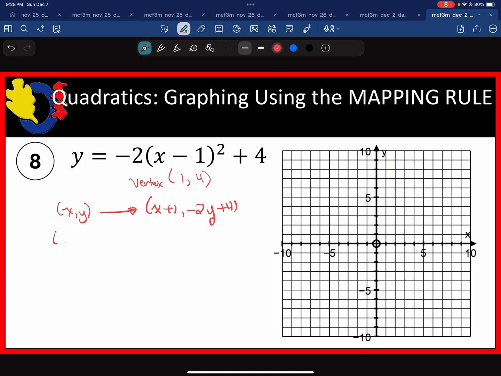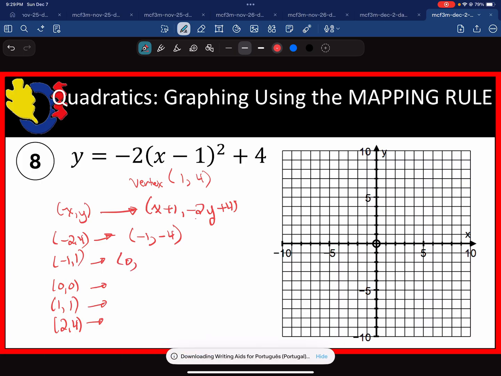Okay, so our points again, -2, 4, -1, 1, 0, 0, 1, 1, 2, 4. Okay, so we get -1, then 4 times -2 is -8, -8 plus 4 is -4. -1, plugging that in, this time we get 0. -2 times 1 is -2, plus 4 is +2.